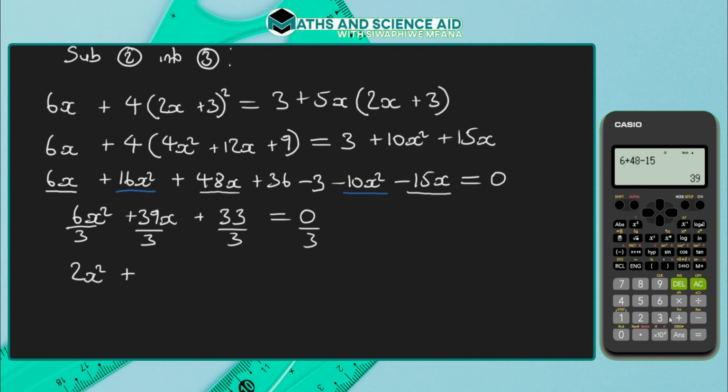So what's that equal to? So 39 divided by 3 is equal to 13, and then 33 divided by 3, so we shouldn't forget the x, and now 33 divided by 3 is going to be equal to 11. 0 divided by 3 is 0, and now you have got a much simpler expression.